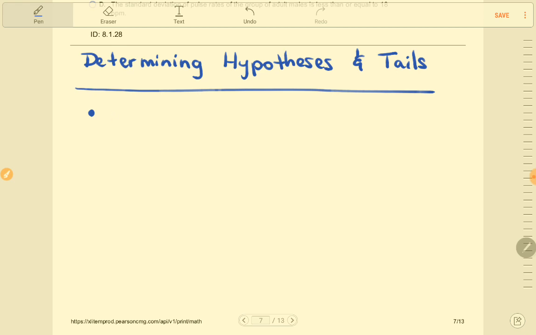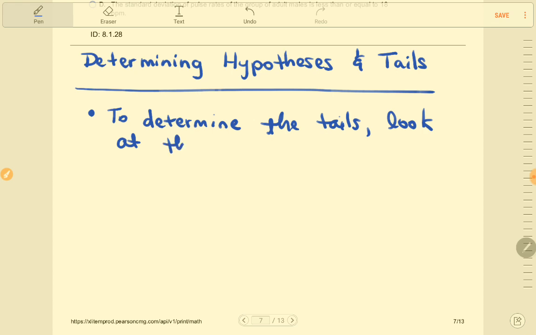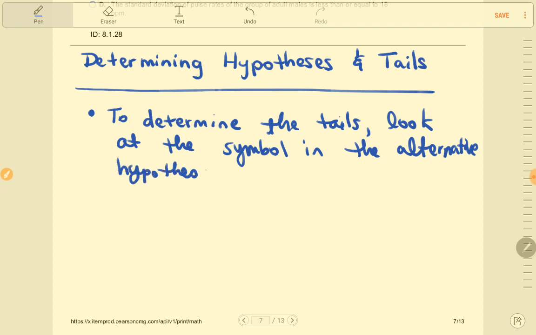So to determine the tails, look at the symbol in the alternative hypothesis, which we denote as HA, or in this textbook it's H1. They're just two different ways of denoting the same thing.